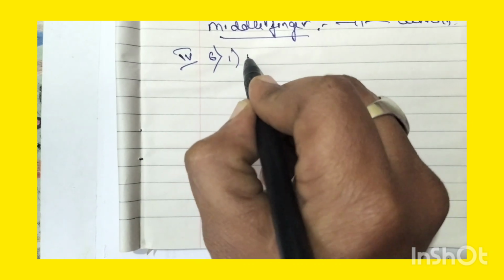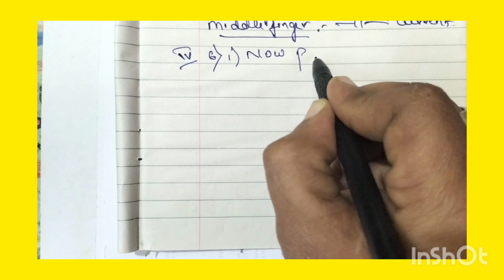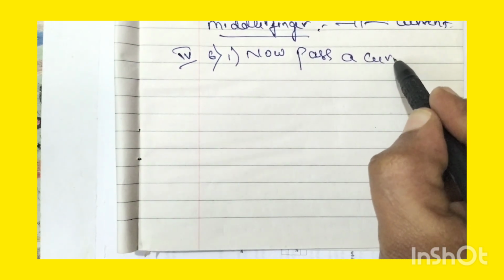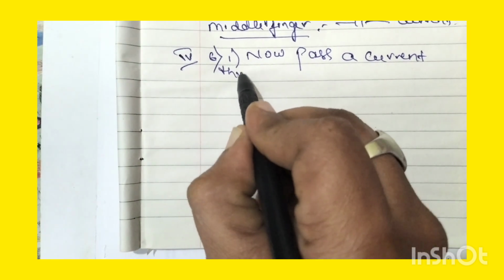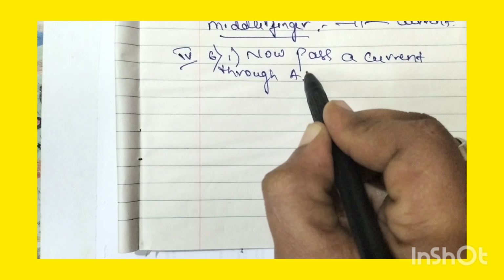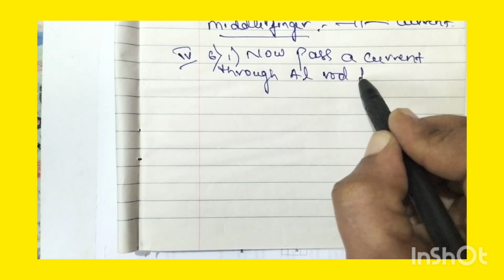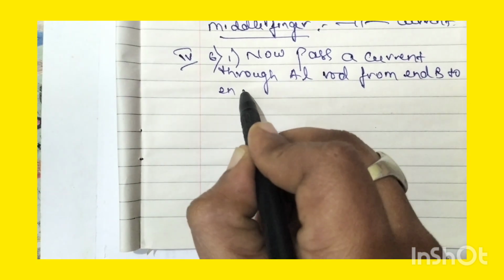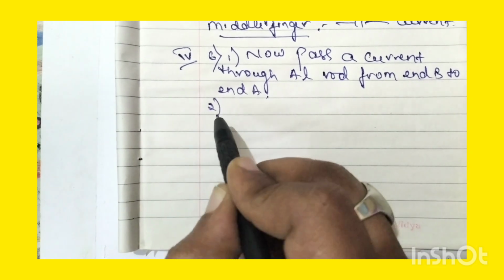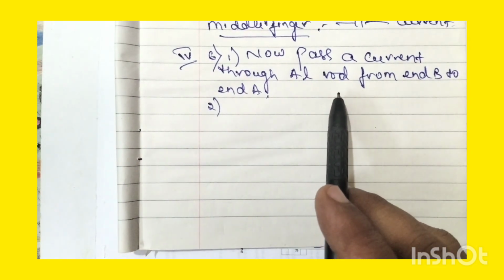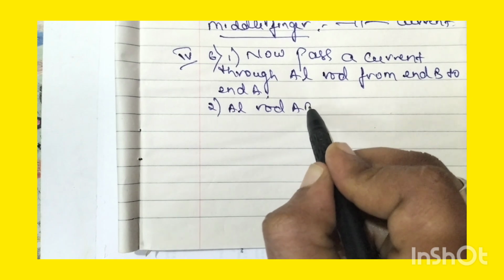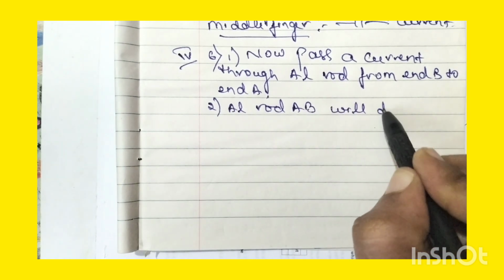Now we have to pass a current through the aluminium rod from end B to end A. When the current passes through this rod, since it is kept in a magnetic field, aluminium rod AB will displace.